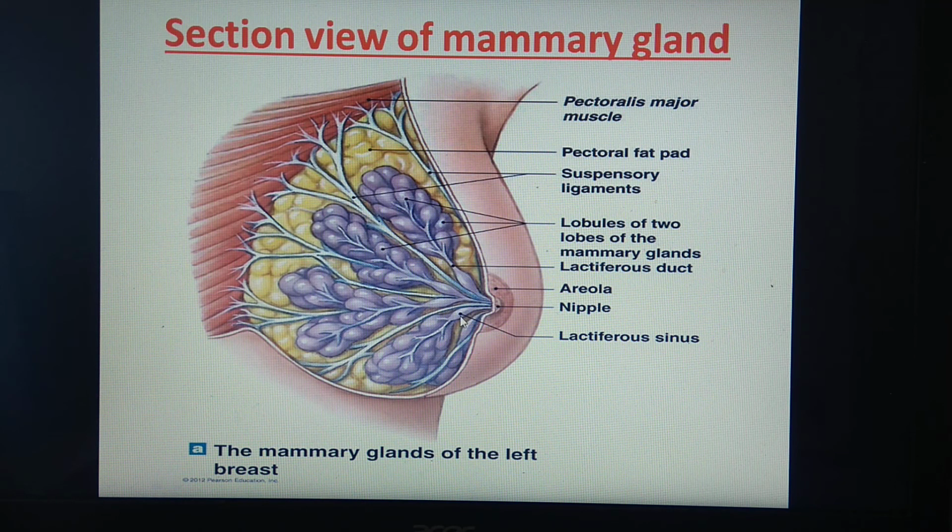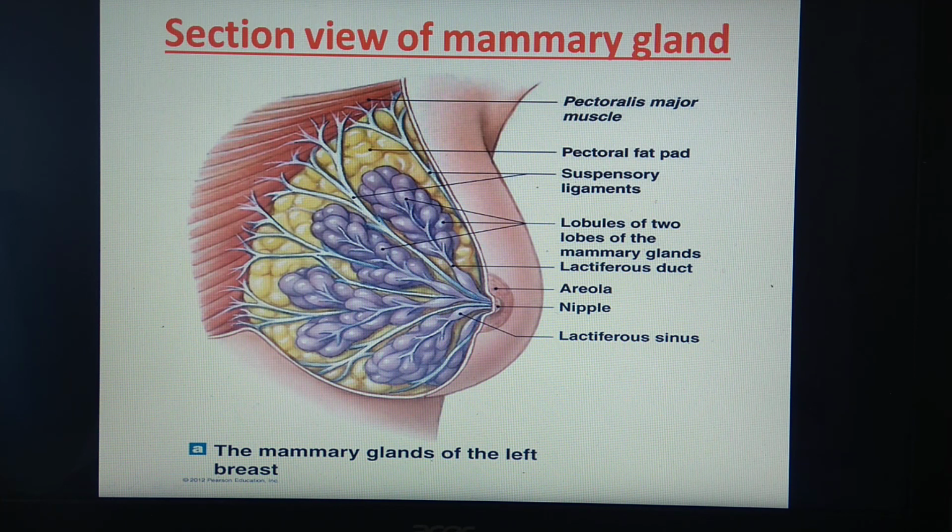So remember, development of the mammary glands and development of the lactiferous tubules are under the control of 2 different hormones.